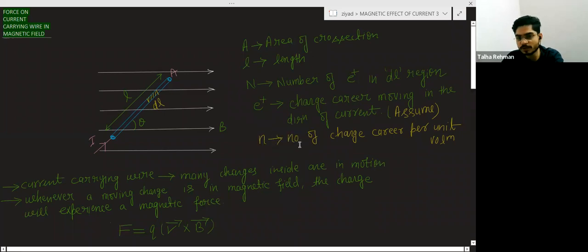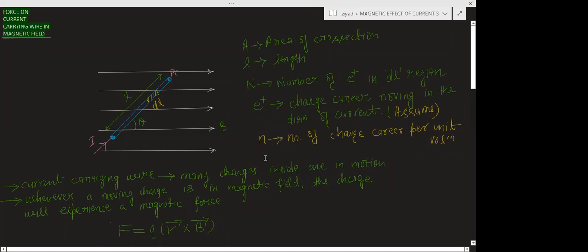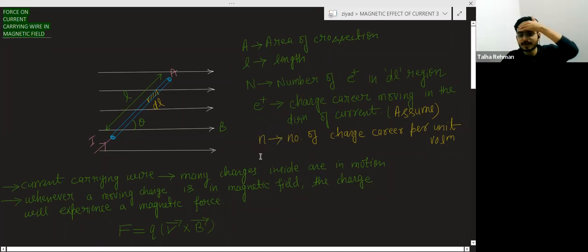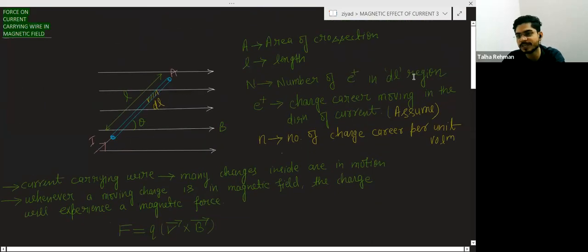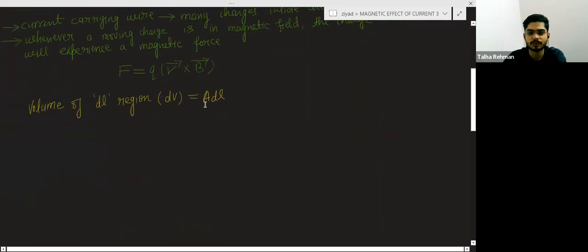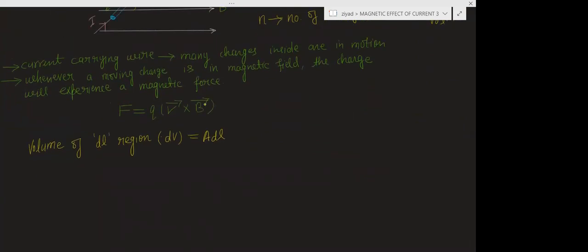So in a unit volume there are small n charge carriers. Now we are interested in calculating the total number of charge carriers in this region, and that is capital N, the total number of e positives in the dl region.